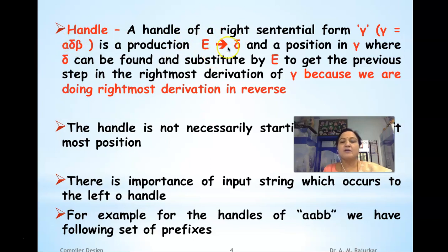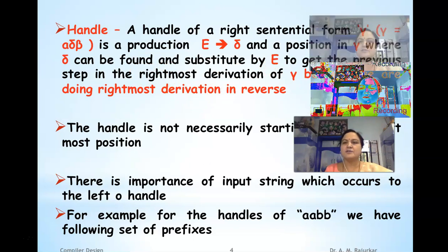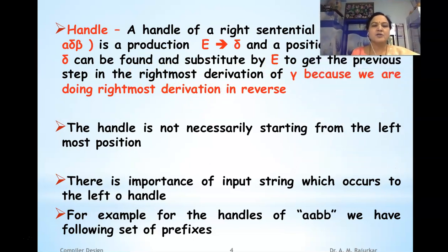If we are able to replace it by E, then E tends to that part is called a handle. We substitute by E to get the previous step in the rightmost derivation of gamma, because we are doing rightmost derivation in reverse.